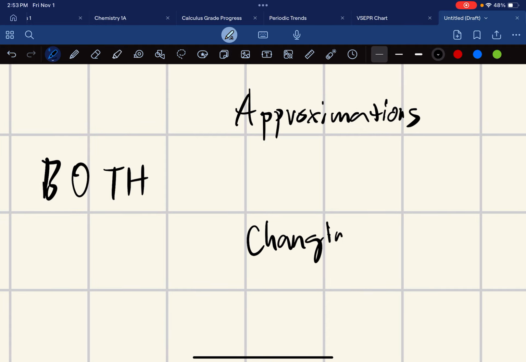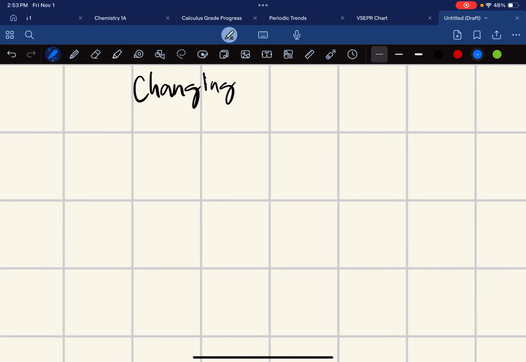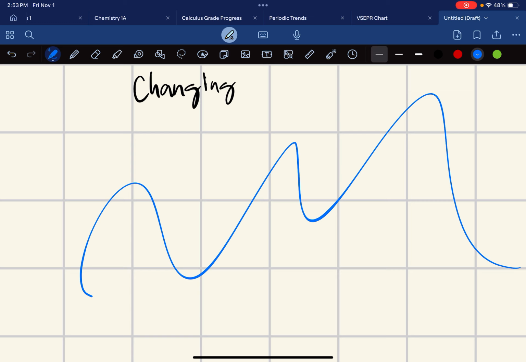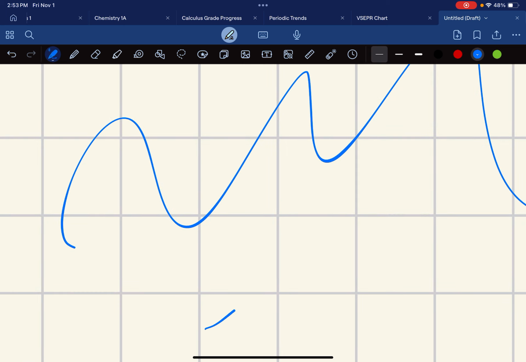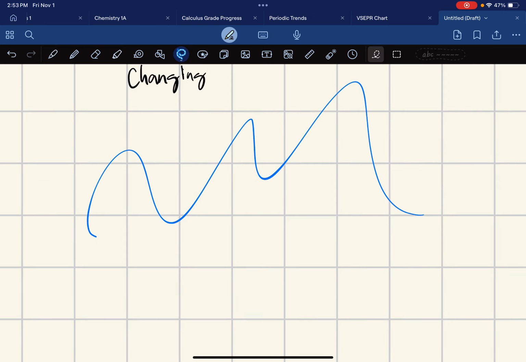changing variables. What I mean by that is, well, if you look at a graph that is super curvy, it's not like it has a constant slope, like a straight line would. It's not going to rise 2, run 1, rise 2, run 1, rise 2, run 1. Curved graphs like these fluctuate. Their data are variables.